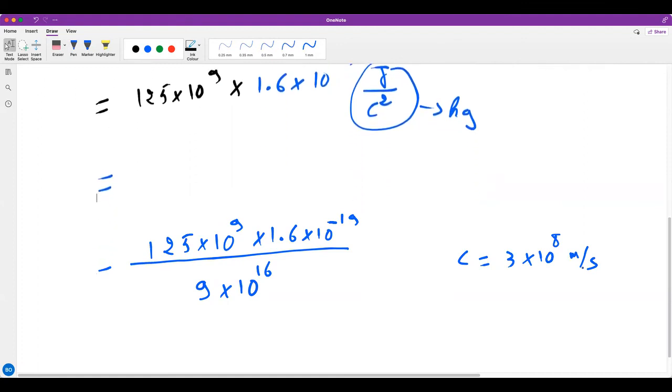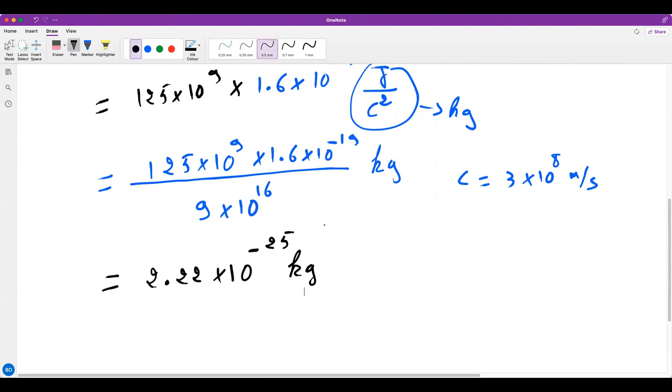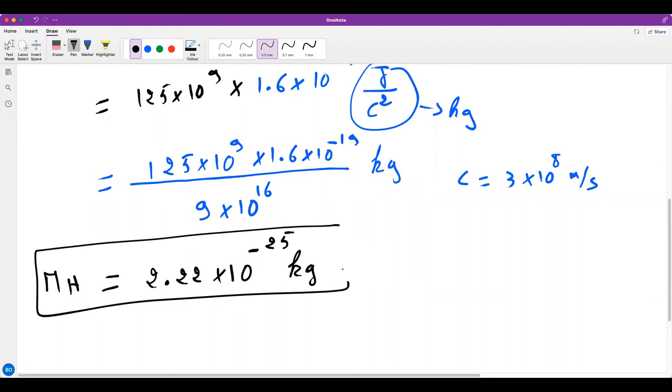If you do this calculation, the result will be in kilogram. Therefore, you obtain the mass of the Higgs boson in kilogram. See, this is the mass of the Higgs boson in kilogram.